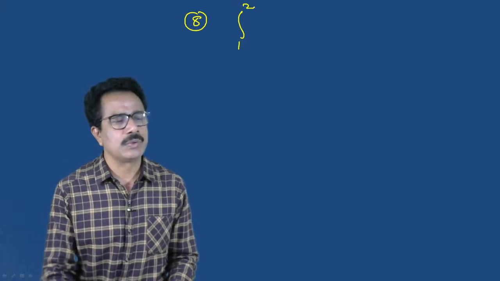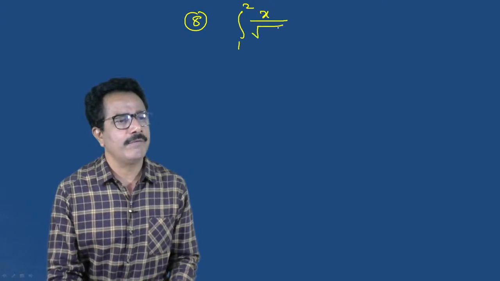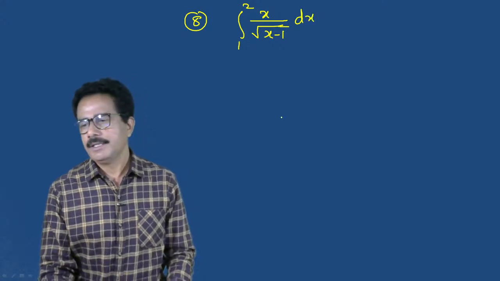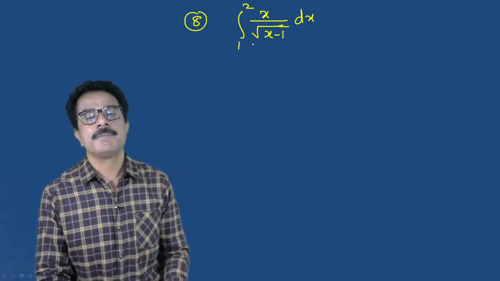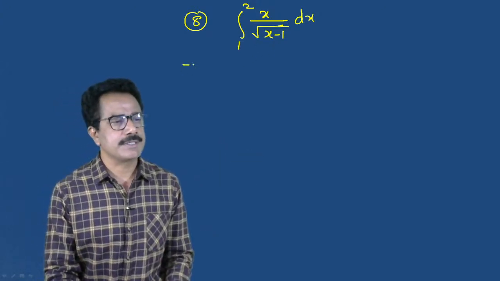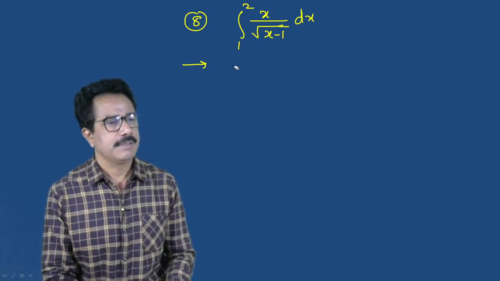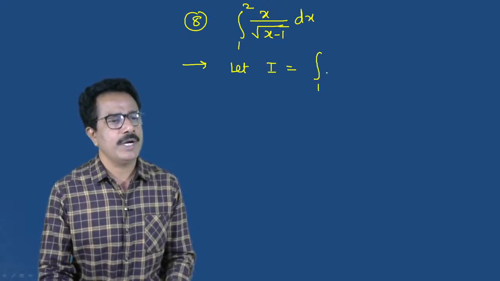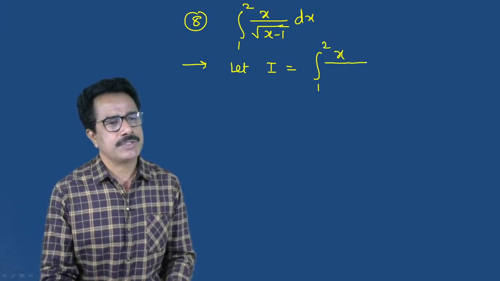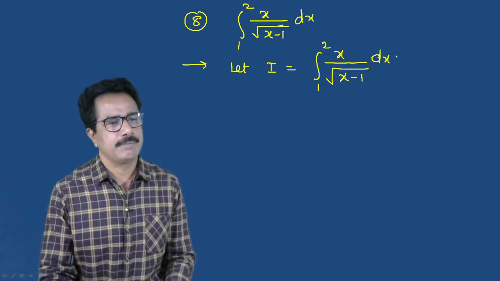Integral from 1 to 2 x divided by root of x minus 1 dx. Now you tell me students, at which point is this function discontinuous? Here let I equal integral from 1 to 2 x divided by root of x minus 1 dx.